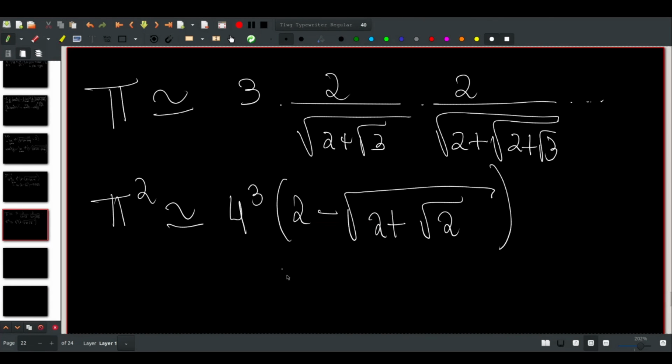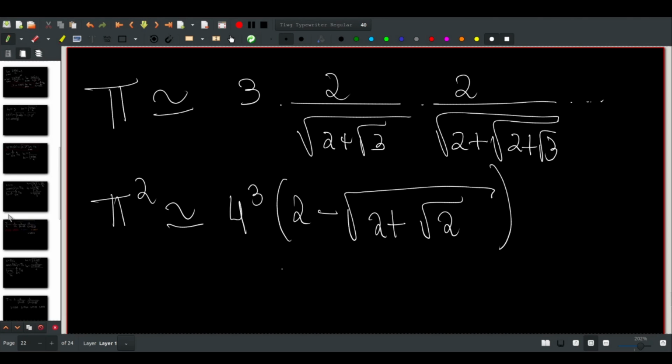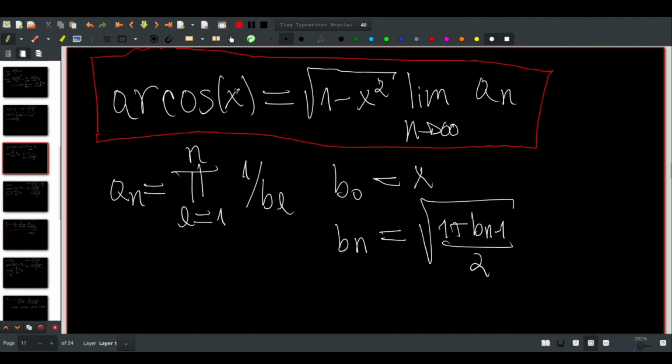To summarize, in this video we found two different ways of writing the arccosine in terms of products. The first was in terms of the products of these cosines, which was found by using the limit when sine of x over x goes to 1, and we then used it to develop this formula.